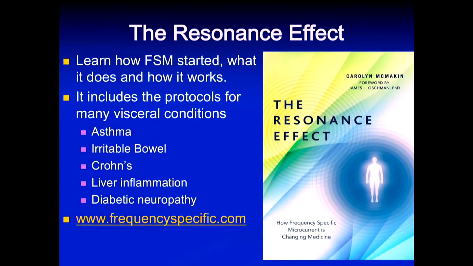So the resonance effect, a lot of people have purchased the book. I'm very happy. It's how FSM started, what drives me, what our mission is, how it works, how the case reports came to be, and it includes the protocols for many visceral conditions: asthma, irritable bowel, Crohn's disease, liver inflammation, and diabetic neuropathies.